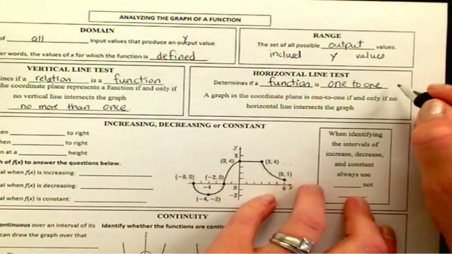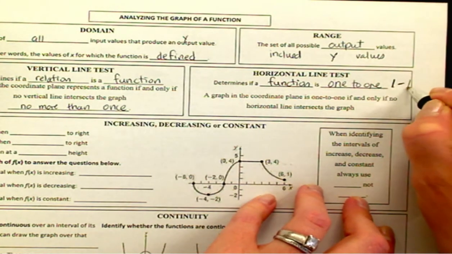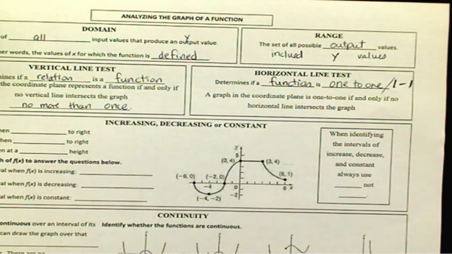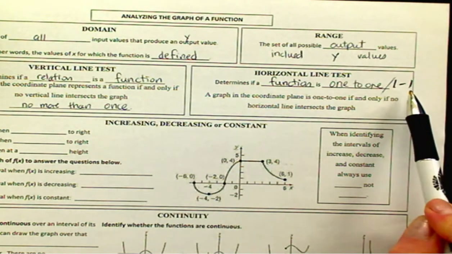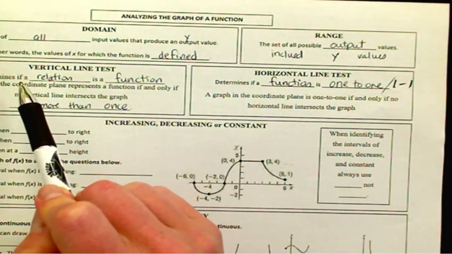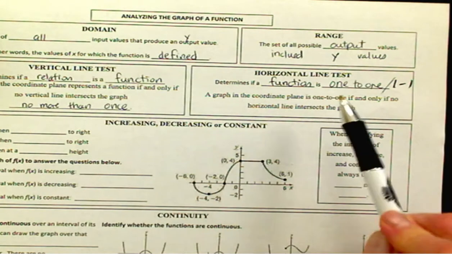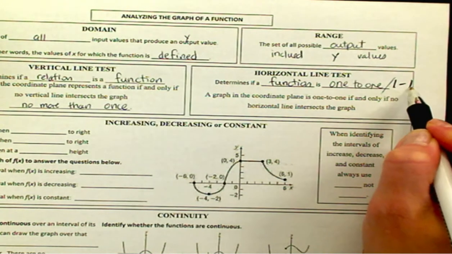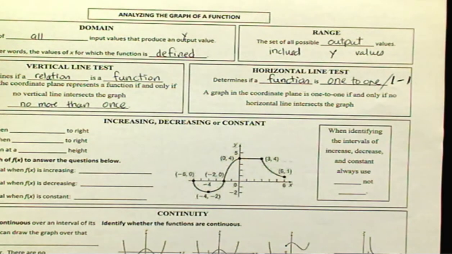Sometimes you see this written 1-1. Okay, in order to be 1-to-1 from the homework, first you pass the vertical line test, then you pass the horizontal line test in that order. Means 1x, 1y. Exactly, no more.